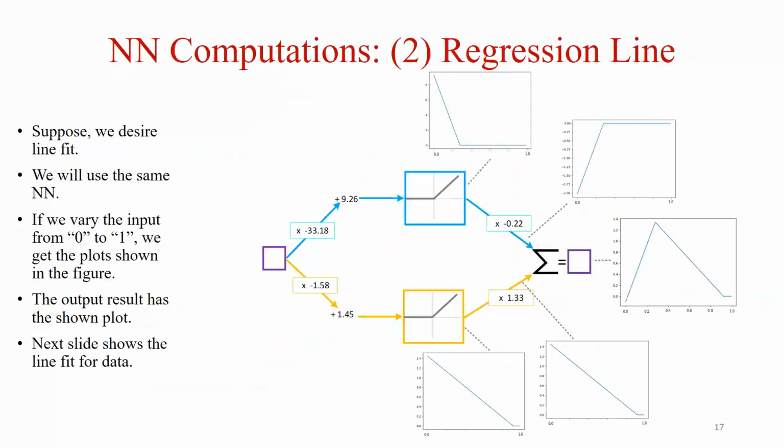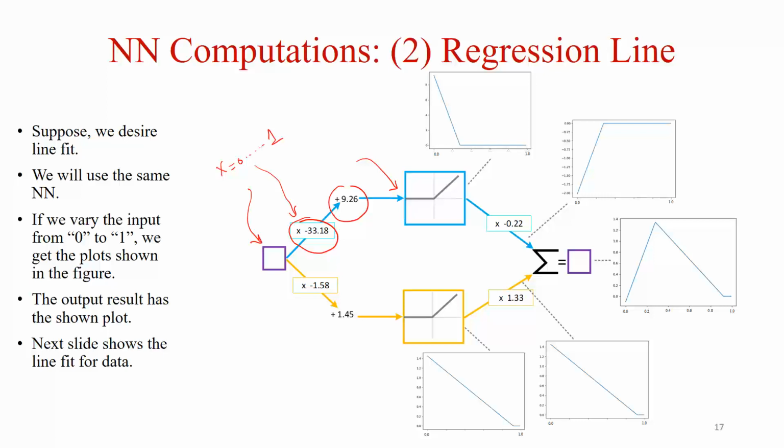Now we can think of it in terms of regression. If we take this model and this point here, we apply this. This is the input x values from 0 all the way to 1, and obviously we start doing certain plots here. So we take these values, we multiply by the weight, add a bias, and then apply a ReLU.